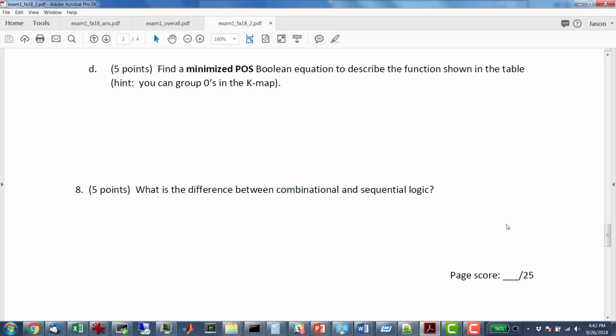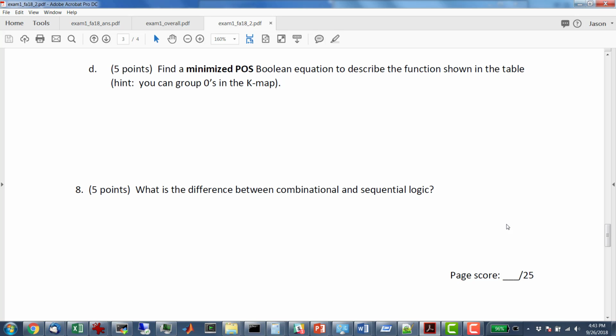All right. What is the difference between combinational and sequential logic? Uh-oh. Come on back. Anyone know that? Combinational and sequential? Yes? Combinational will take the inputs that were given to it recently and the past inputs, while sequential or combinational will only take the ones that are current. Right.